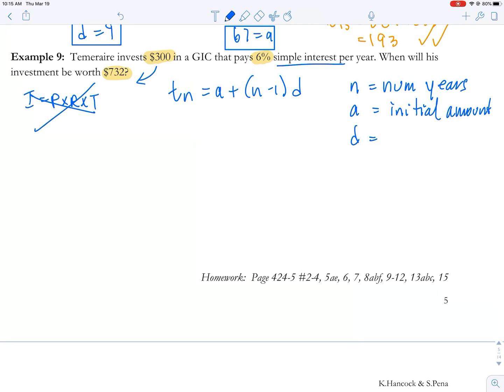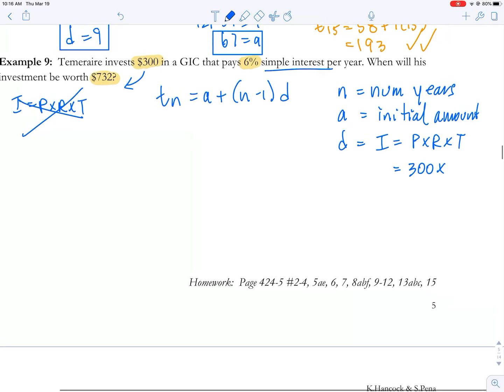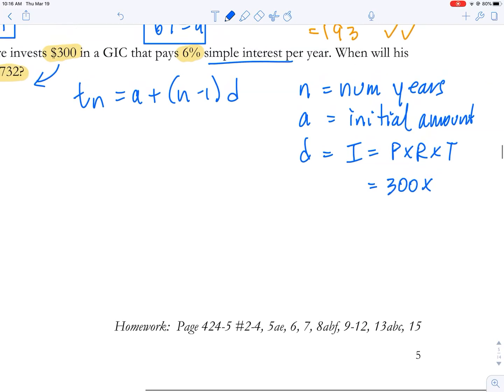So the amount it's going to grow by each year is going to be the same as our interest, which is the P times R times T. And n, A, and D, that's going to be it. So let's figure out D first. In this case, our principal amount was our initial amount, so that would be 300. The rate was 6%. That's going to be 0.06.